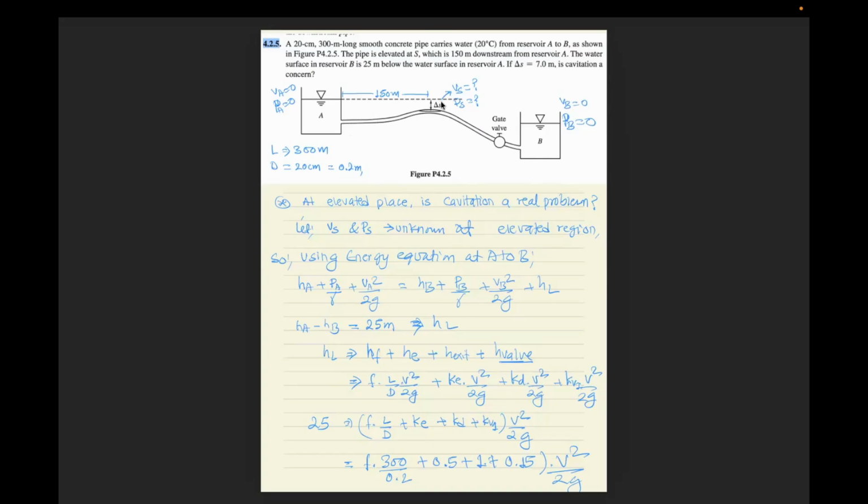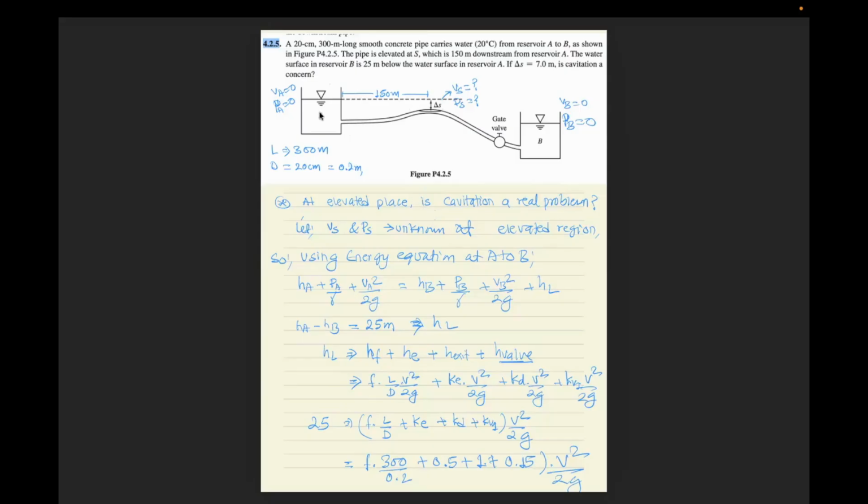So we need to check whether the pressure at S, that means the elevated point, drops below vapor pressure or not. It's the same as the previous siphon problems, so we just need to find the velocity for that.